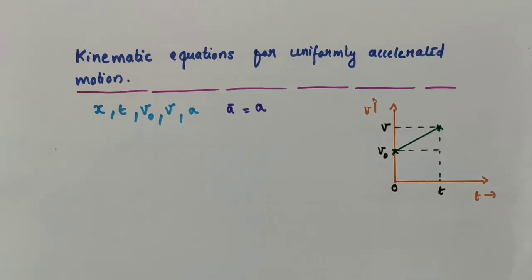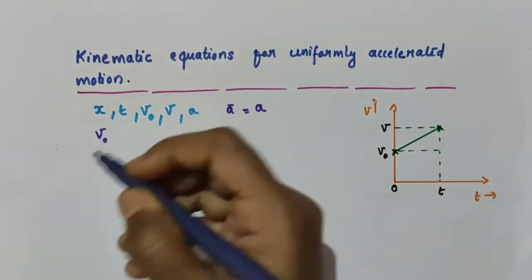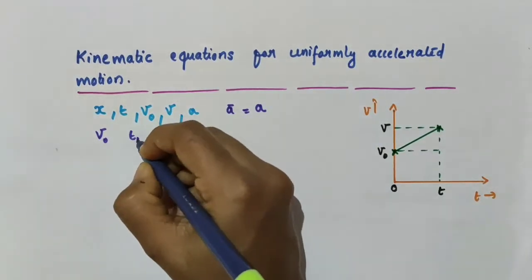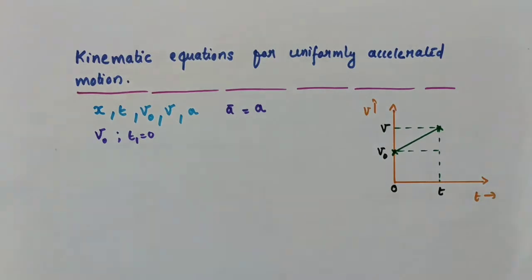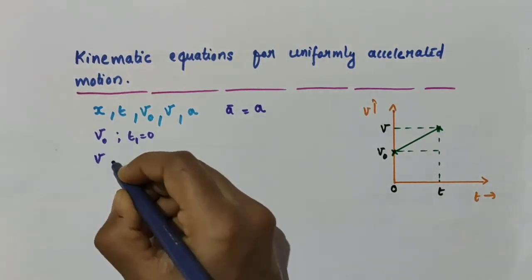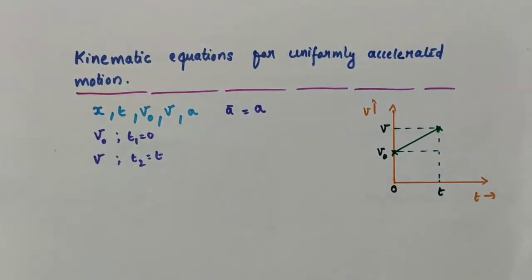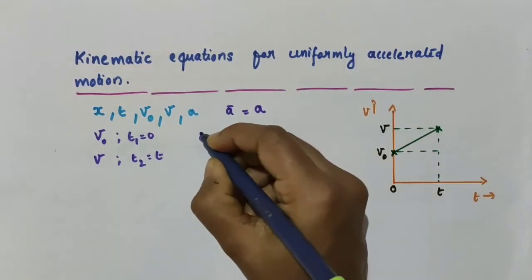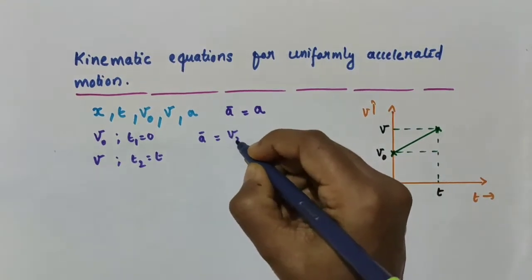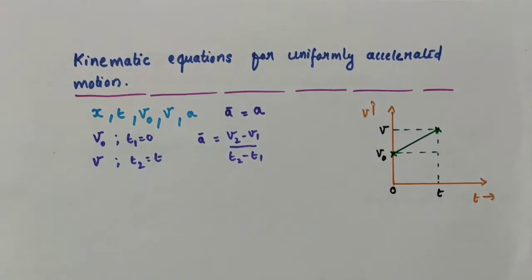Now, if the velocity of that object is v0 at t1 equal to 0, and the velocity is v at t2 equal to some time t, then we have the expression for the average acceleration: a bar is equal to v2 minus v1 divided by t2 minus t1.